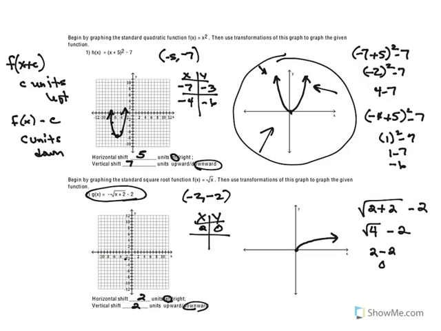So 2 comma 0. It's negative. So this is negative 4. All right, so 2, negative 4 gives us that point there. So then we can just, and we're done.